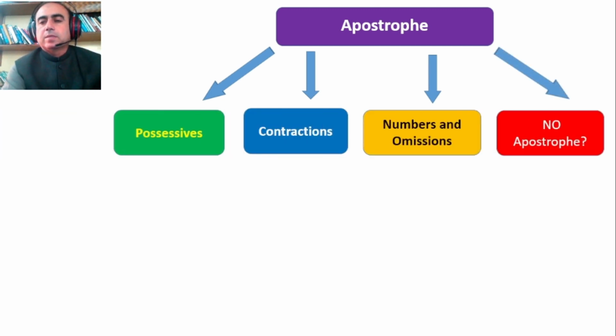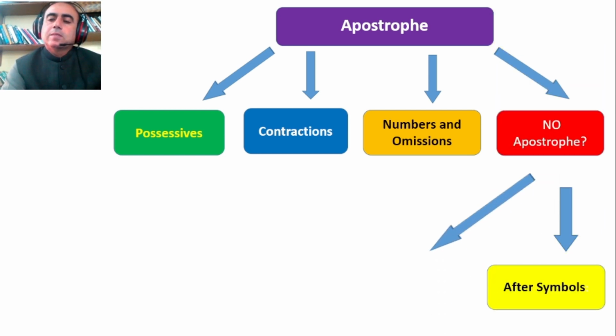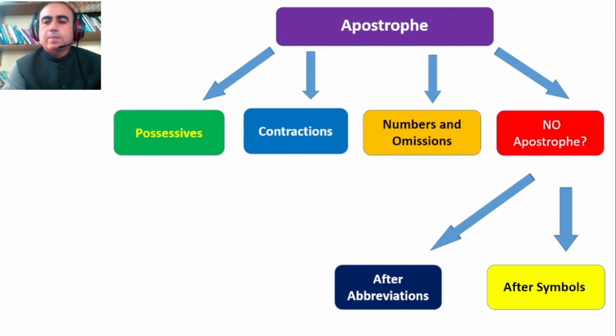Then there are cases where no apostrophe should be used: one is after symbols, the other is after abbreviations. So the apostrophe can be used in three cases: in possessives, contractions, numbers and omissions, but it cannot be used after symbols and after abbreviations. Let us study them one by one.